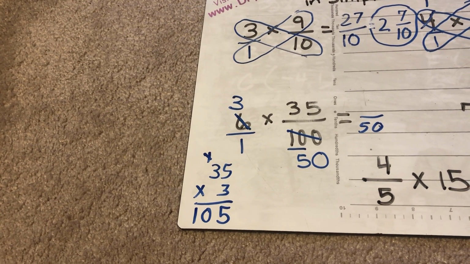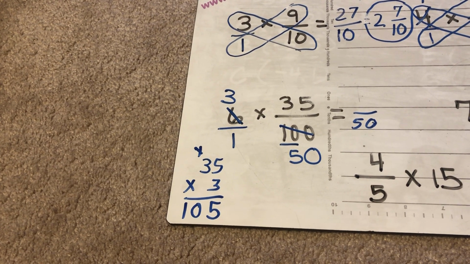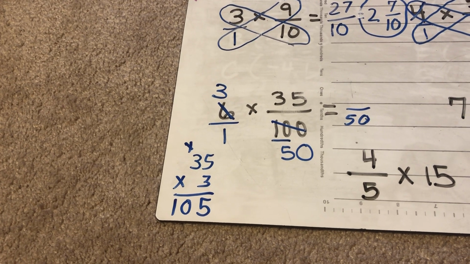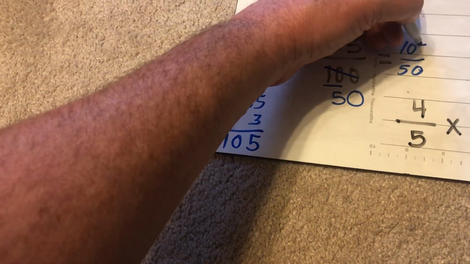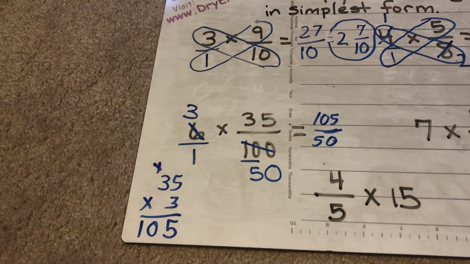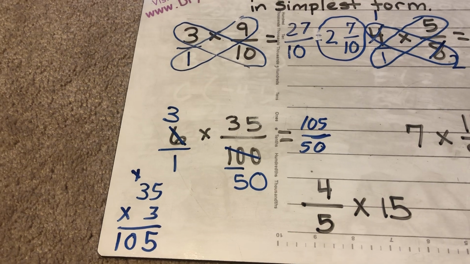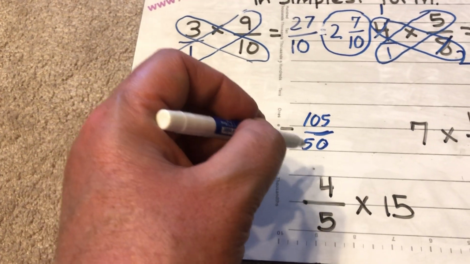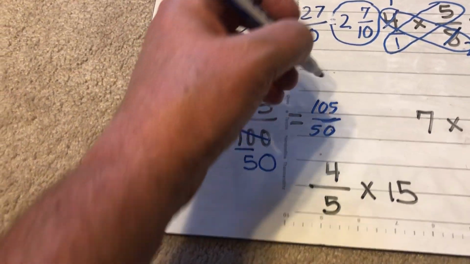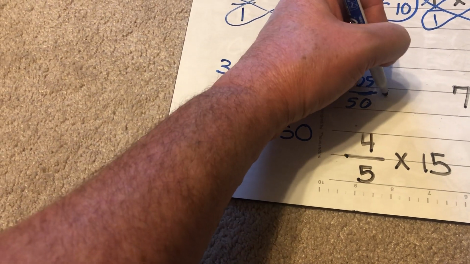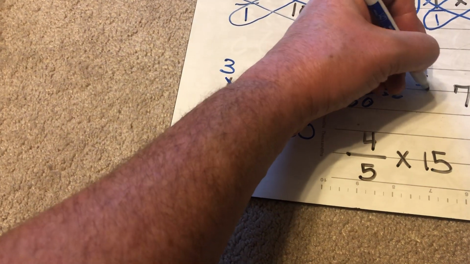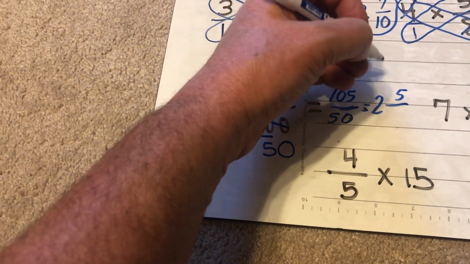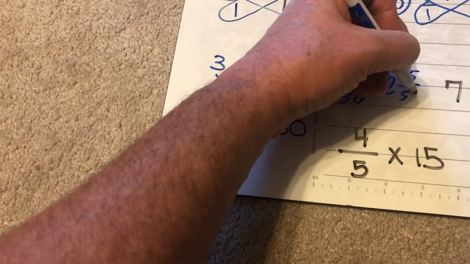Okay, now I'm thinking, well, how many times can 50 go into 105? Well, I know that 50 times 2 is 100. So I'm going to say that 50 can go into 105 twice. There's going to be 5 left over because there's a difference of 5 between 100 and 105, and 50.